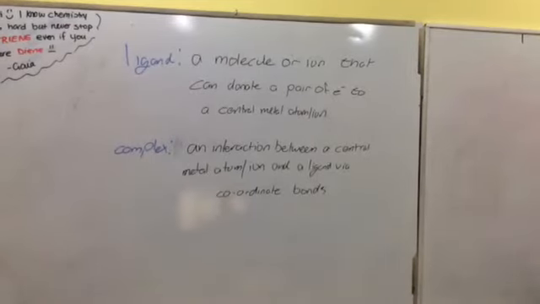Now, ligands can never be positive, because a positive molecule or a positive ion shows that it has a lack of electrons. If you lack electrons, can you give more electrons? No. Because if you lack electrons, you don't have any electrons to give.